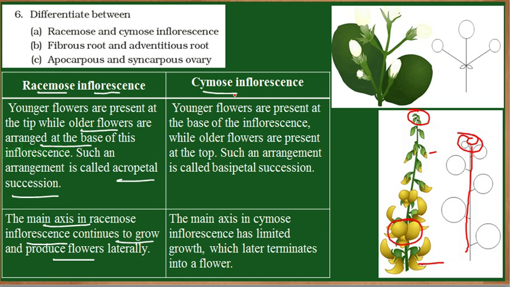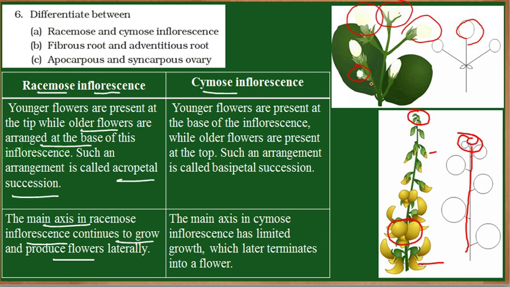Whereas in case of cymose inflorescence, here we can see the main axis of the inflorescence terminates with a flower. So the growth is limited over here. It terminates with the flower, so the growth is limited. And how are the flowers arranged? So here we can see older flowers are present at the tip. So these are older flowers, they are present at the tip.